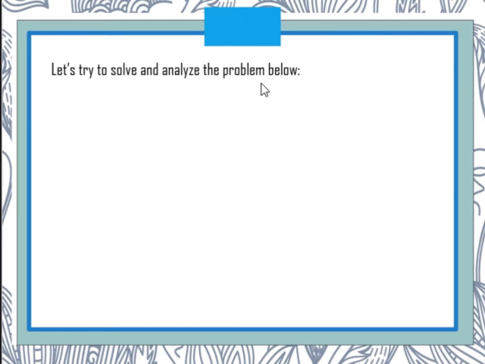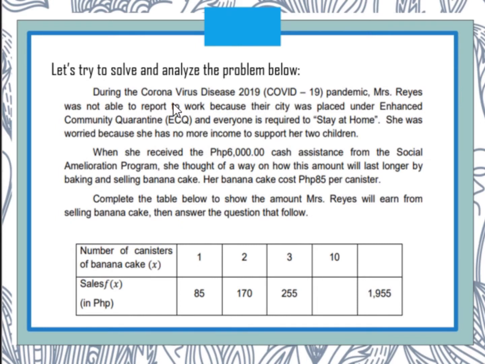Let's try to solve and analyze the problem below. During the coronavirus disease 2019 or COVID-19 pandemic, Mrs. Reyes was not able to report to work because their city was placed under Enhanced Community Quarantine or ECQ, and everyone is required to stay at home.